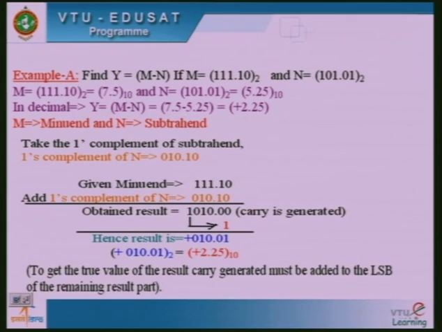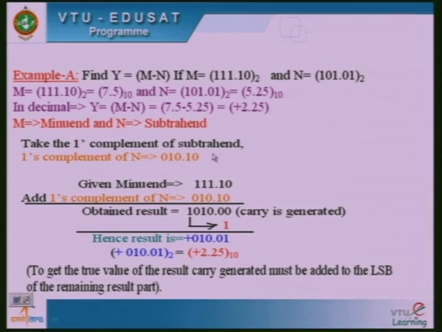So now the m value is taken here, and the m value is equal to 7.5, and the n value in decimal is 5.25. If you make the simple operation in decimal, 7.5 minus 5.25 is going to give the positive value 2.25. Here m is considered as the minuend and n is considered the subtrahend.